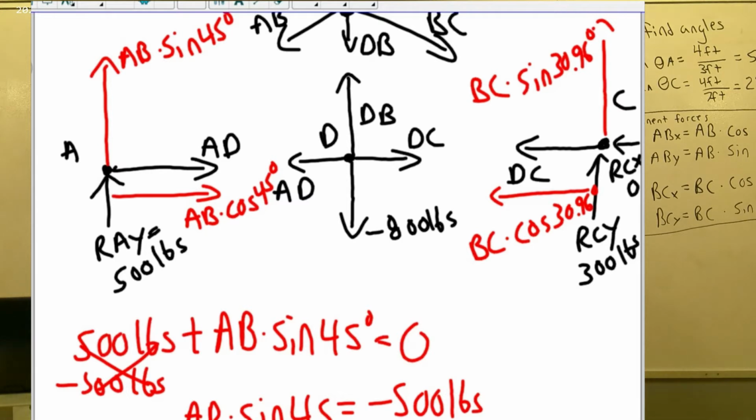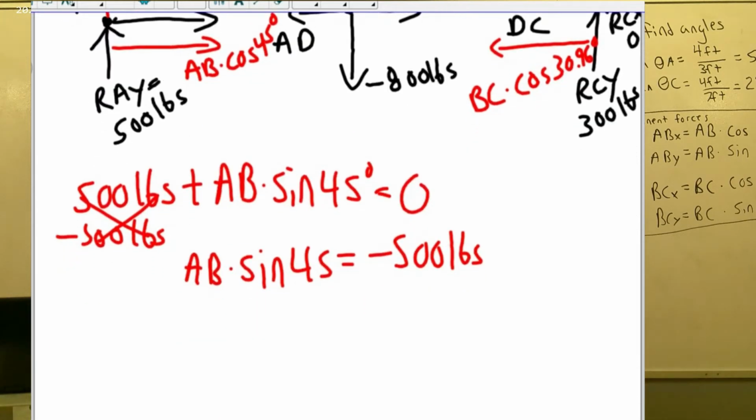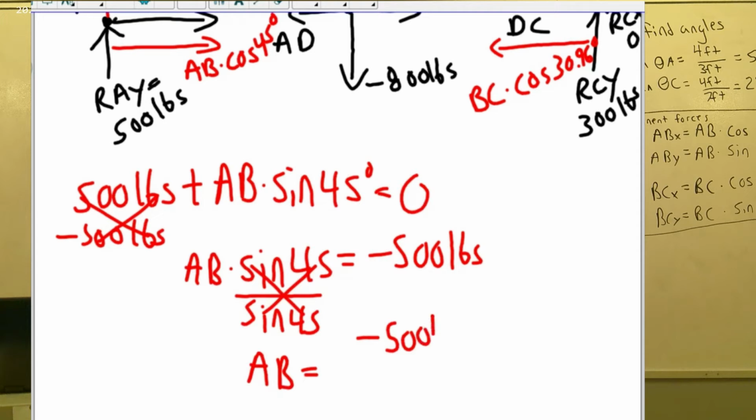To get AB by itself, I'm going to divide both sides by the sine of 45 degrees, and what I end up with is AB equals negative 500 pounds divided by the sine of 45.